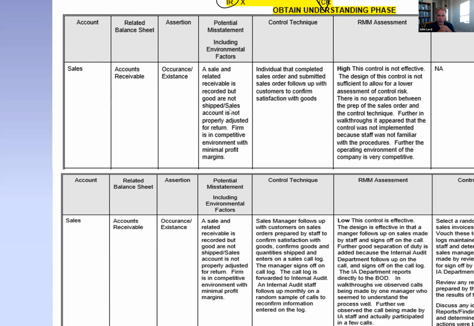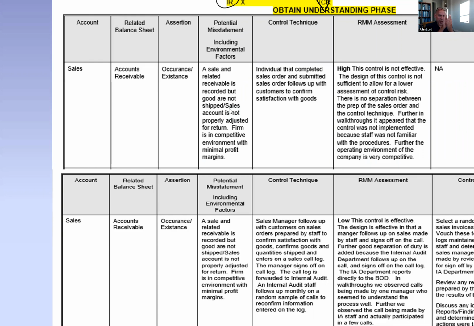Therefore the sales didn't exist. Now, what wasn't in the table we were looking at in the book a minute ago is that then you evaluate the internal control. I look at the internal control as how well it is suited to prevent or detect the misstatement.